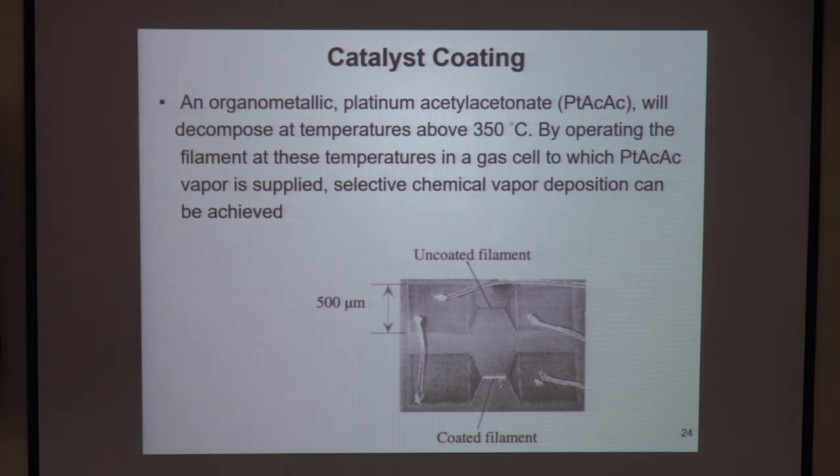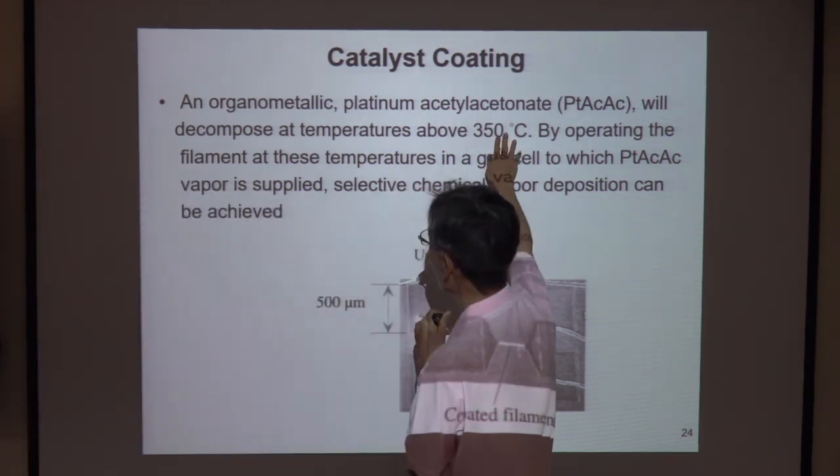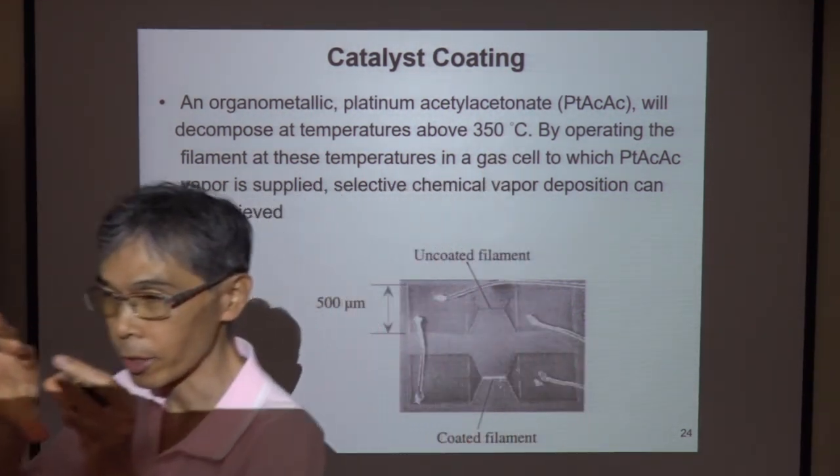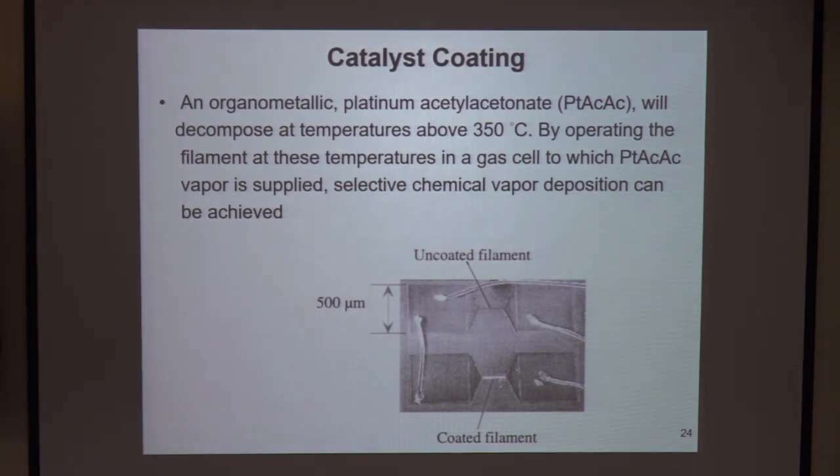This is a process to deposit platinum on the filament. So we have this raw material, PtACAC. It's an organometallic material. Then we can increase the temperature to turn the PtACAC into vapor. At a temperature higher than 350 degrees C, this organoplatinum will decompose to generate Pt.